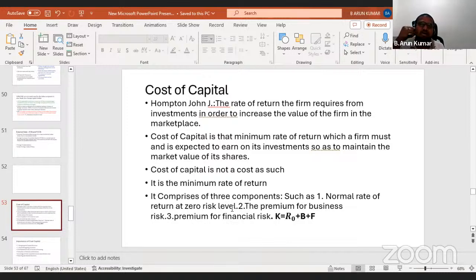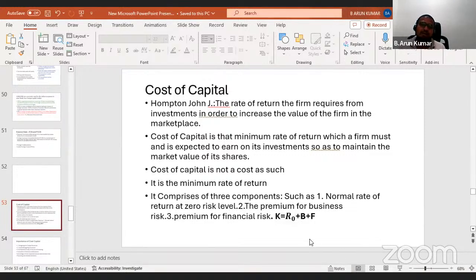Otherwise, they would simply put the amount in the bank, where without any risk they get a fixed rate of return, which we call the zero risk level.